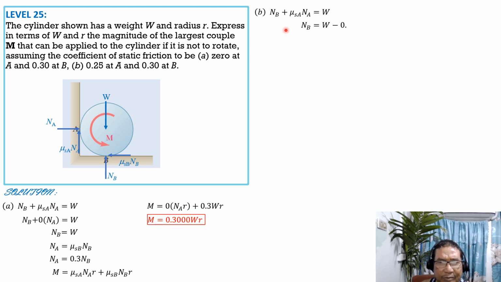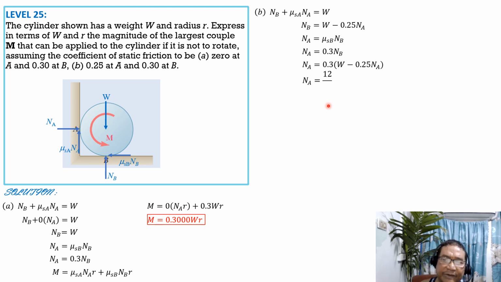So N sub B equals W minus 0.25 of N sub A. Then summation forces horizontal, N sub A is equal to mu sub SB times N sub B. Take note mu sub SB is 0.3, so N sub A equals 0.3 of N sub B. Substituting the value of N sub B, we can express now N sub A in terms of W. So N sub A is equal to 0.3 of N sub B, and N sub B is W minus 0.25 of N sub A. Solving for N sub A in terms of W, N sub A is equal to 12 over 43 of W.